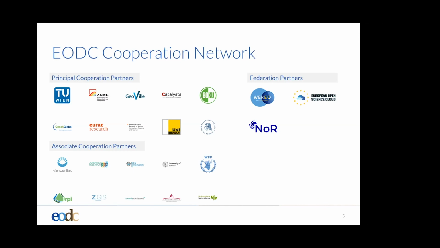Yeah, so that's this wider cooperation network. So we are doing a lot of projects and activities together with the partners that are listed here, but also significantly beyond this. And I really think that this is a very fruitful network that is helping each other to expand and also to promote further their ideas.